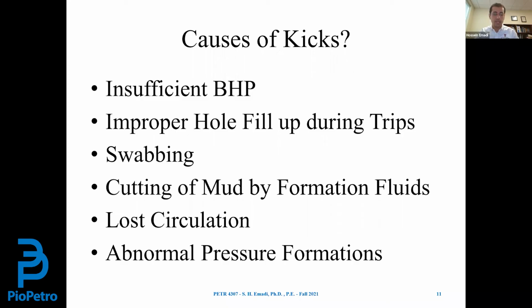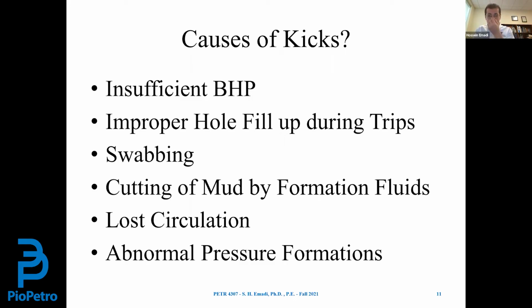So why can this happen? Why does bottom pressure go below formation pressure? There are some reasons here. One of the reasons is if we pull out the drill string too fast, we are creating too much swabbing pressure, so bottom pressure goes below formation pressure.